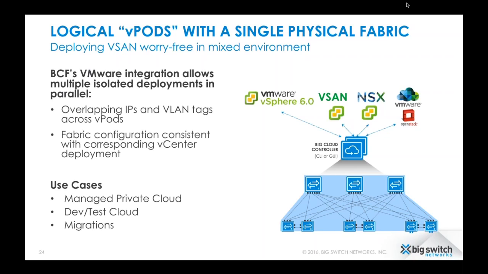We would not touch any other tenants. It's a really powerful capability that the Big Cloud Fabric provides, and it really helps particularly VMware customers onboard new VMware products and new versions of VMware products.